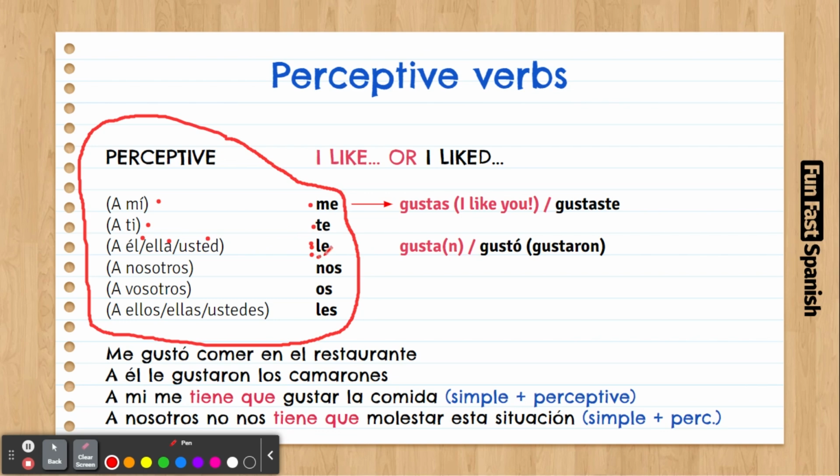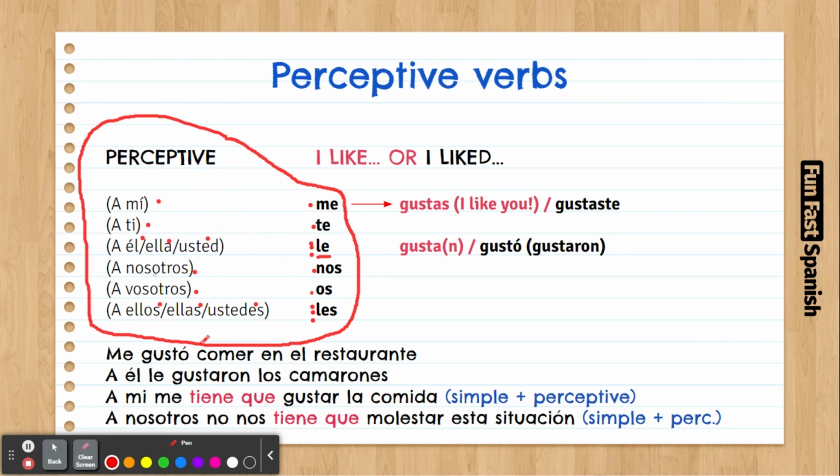So we use the same le for the three of them. A nosotros nos, a vosotros os, a ellos les, third person plural, a ellas les, and a ustedes les. So this is our perceptive structure.